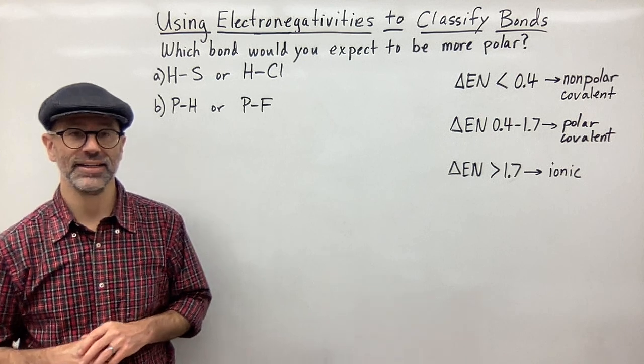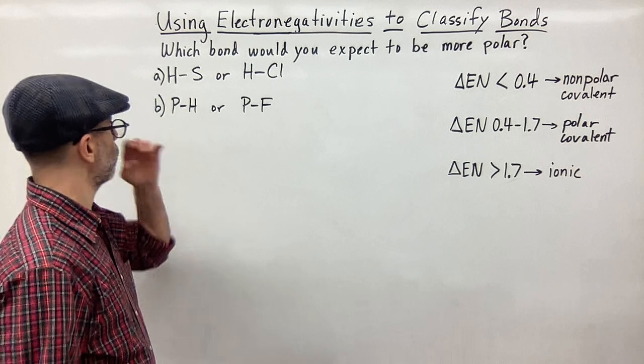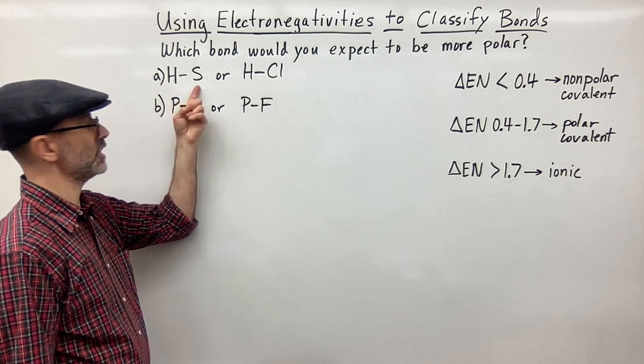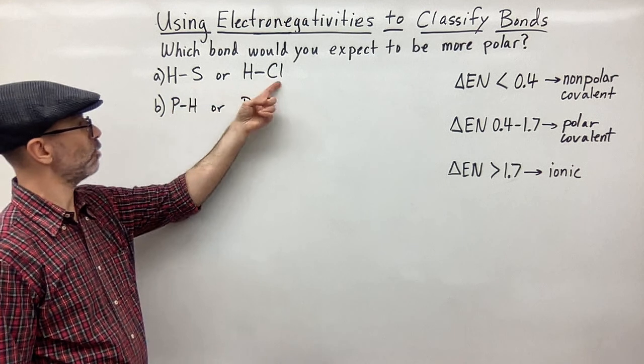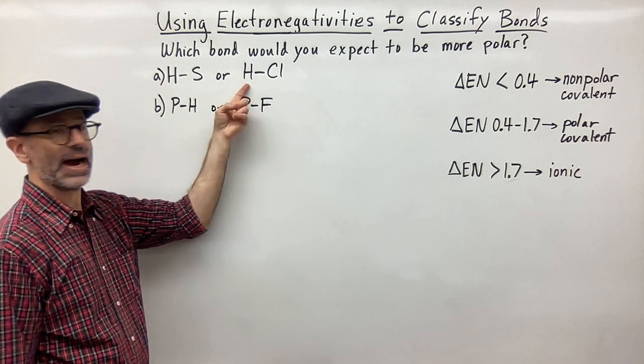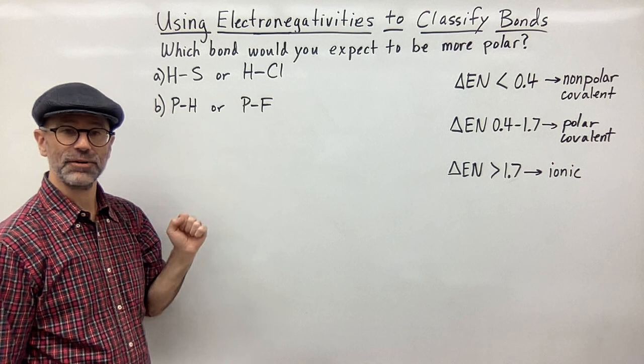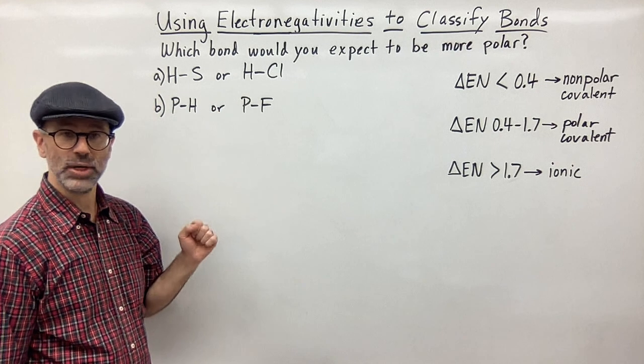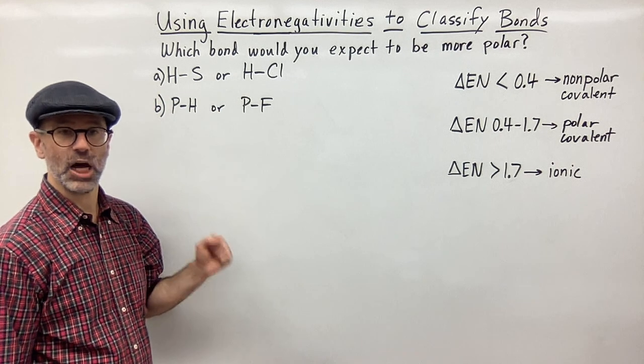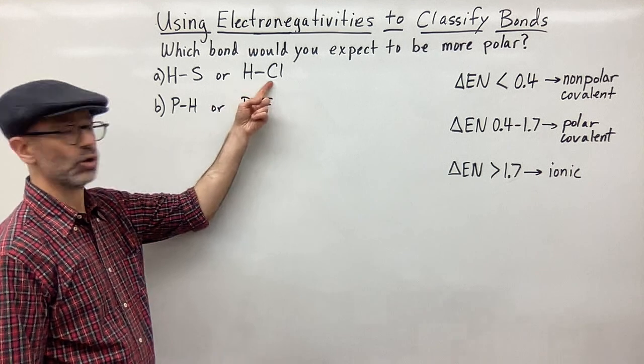So let's go ahead and get into this here. So for A, we're comparing an HS bond with an HCl bond. Since they both have hydrogen in common, that's going to stay the same. So the difference in electronegativity between these atoms is going to depend on the other atom, the sulfur and the chlorine.